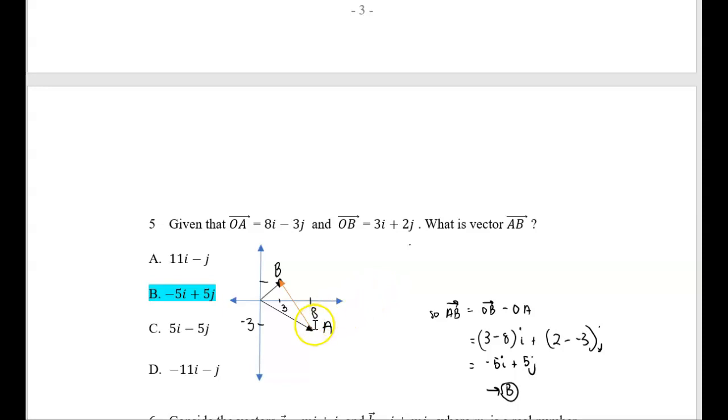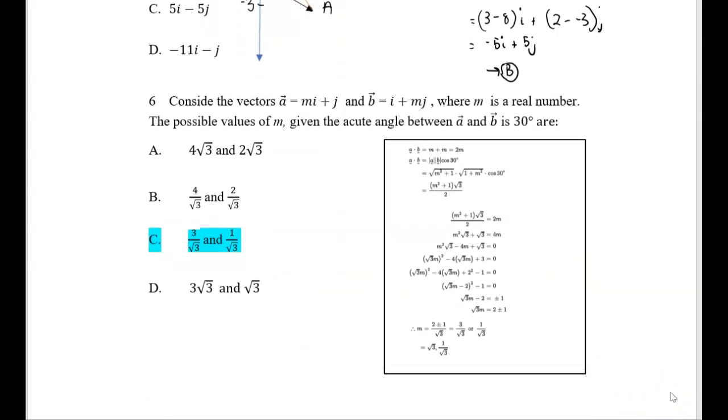In doing that, I can see that vector AB is going to be OB minus OA. You might want to write that as OA plus AB equals OB and rearrange it. But that's the equation that we're going to end up with. So we're just going to look at the x components, subtracting those, and the y components, subtract those, and we end up with minus 5i plus 5j, which is b.